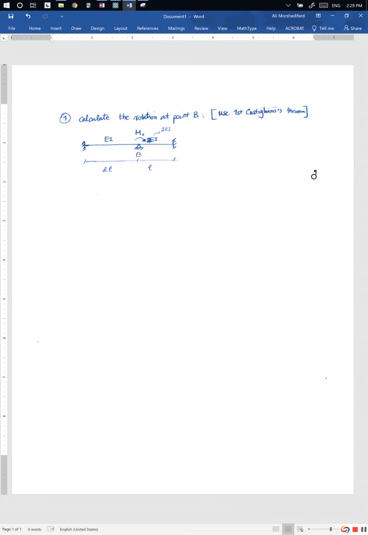So regarding first Castigliano's theorem, all we need is energy as a function of degrees of freedom, right?